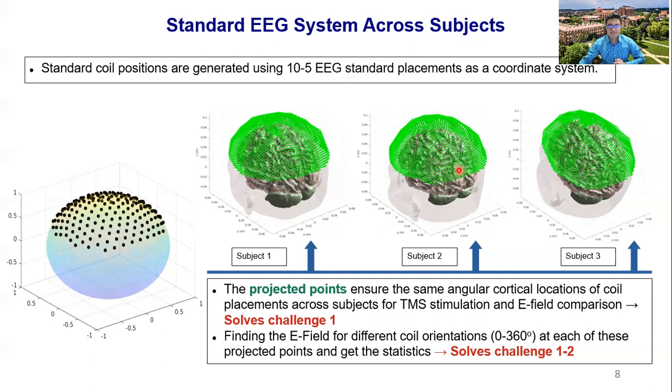Next, we associate 360 coil orientations at each of these points over the scalp. So now this setup solves both of our challenges, because we no longer need to worry about the underlying cortical position for a chosen EEG electrode. All the sampled and projected points are along the same angular direction across multiple subjects.